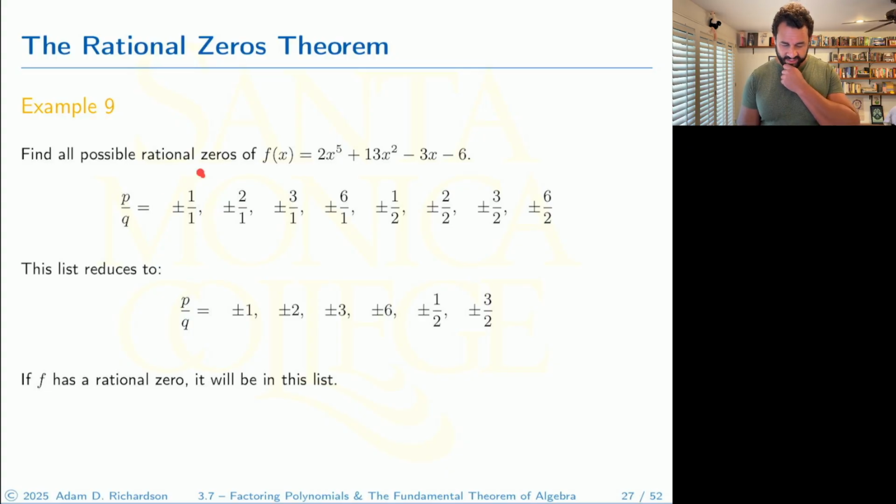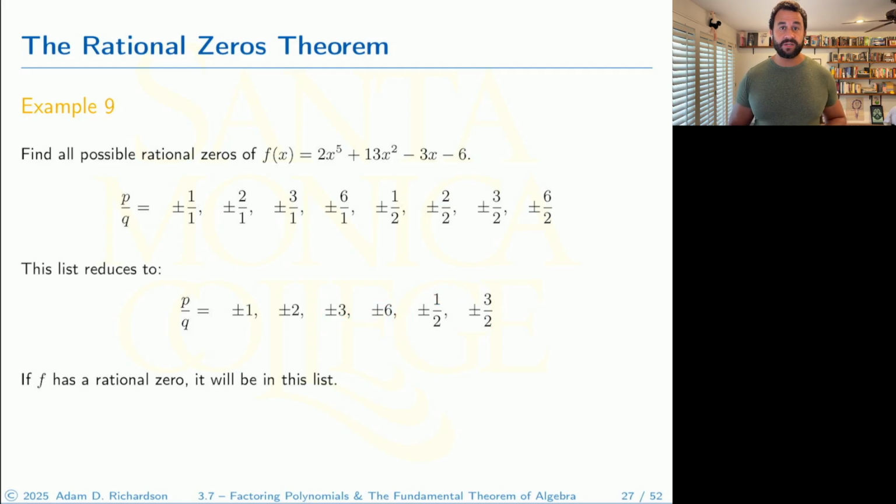When I look at this list, there are some duplicates. We can also just rewrite this as 1, 2, 3. Oh, look, 2 over 2, that's 1. So the list reduces a little bit. And then when you look at all of the remaining possible zeros, you get plus or minus 1, plus or minus 2, plus or minus 3, plus or minus 6, plus or minus 1/2, plus or minus 3/2.